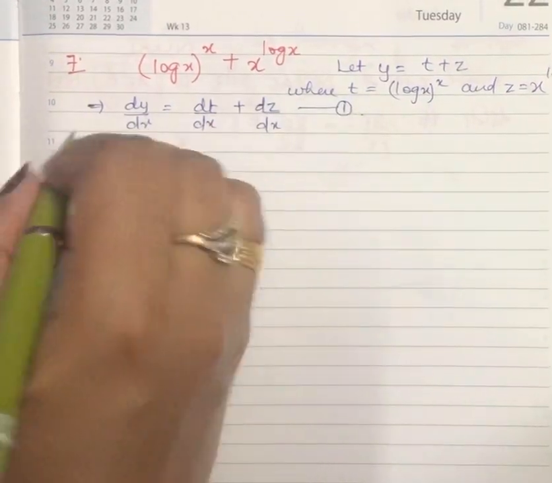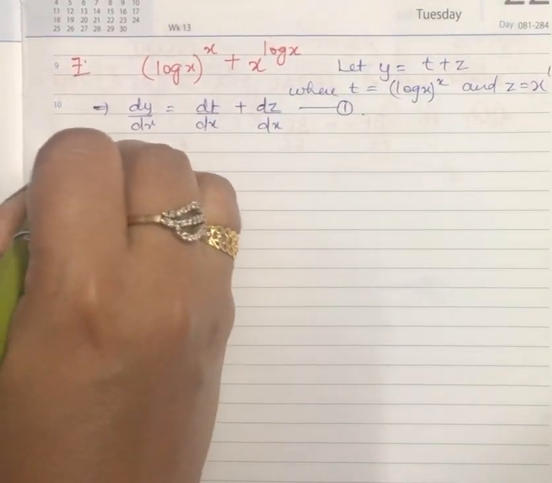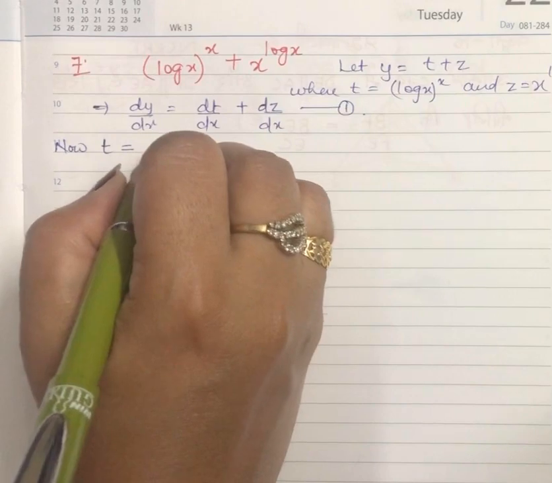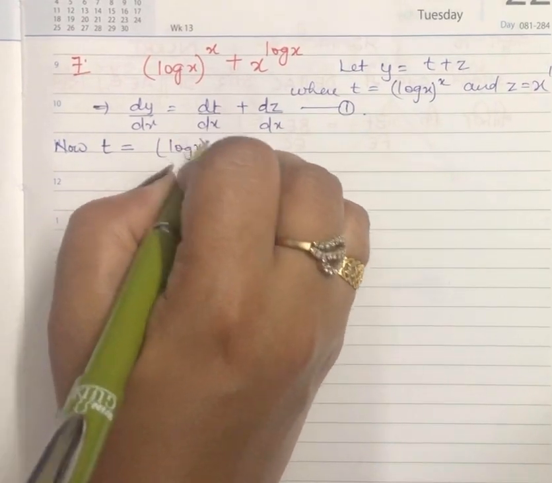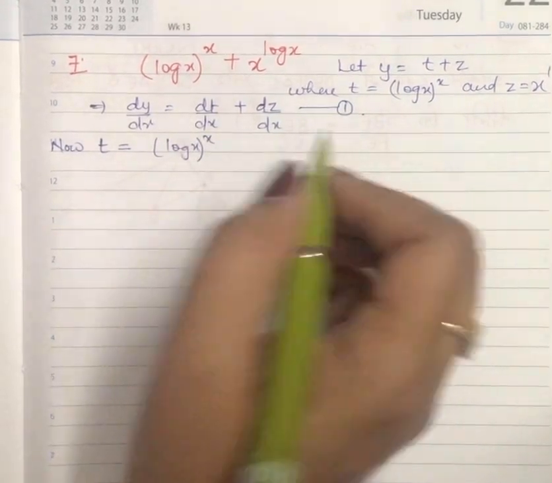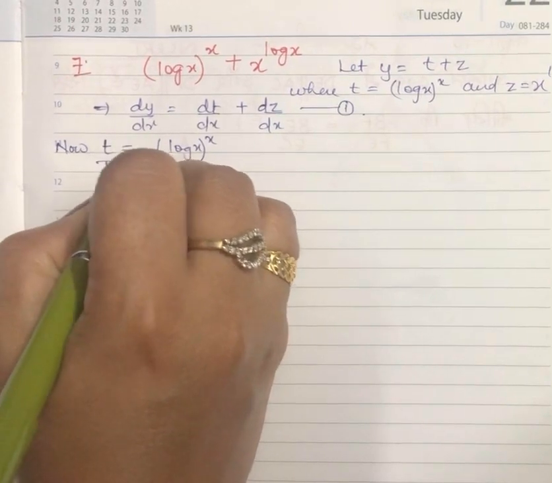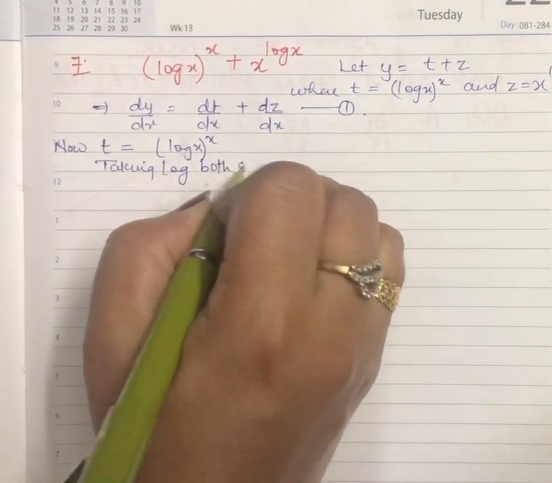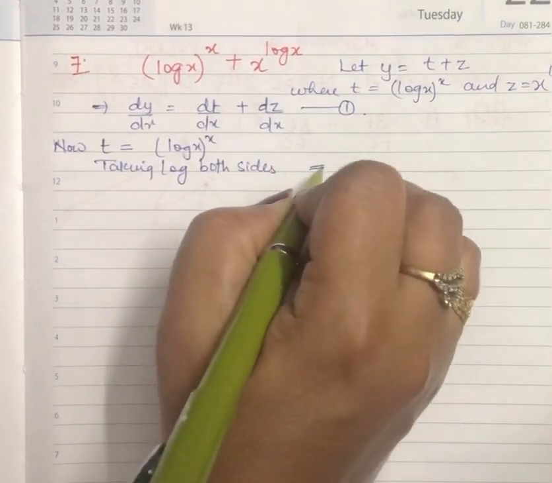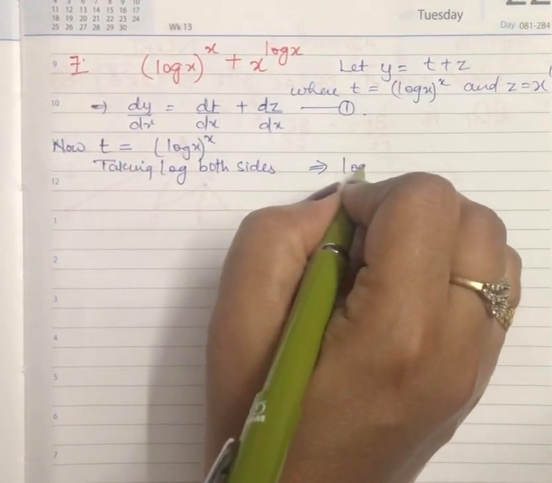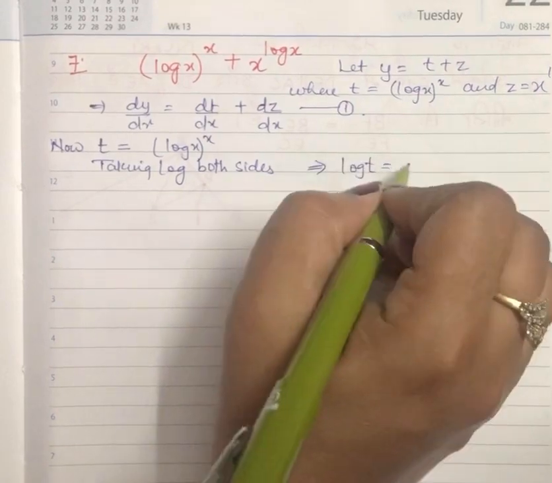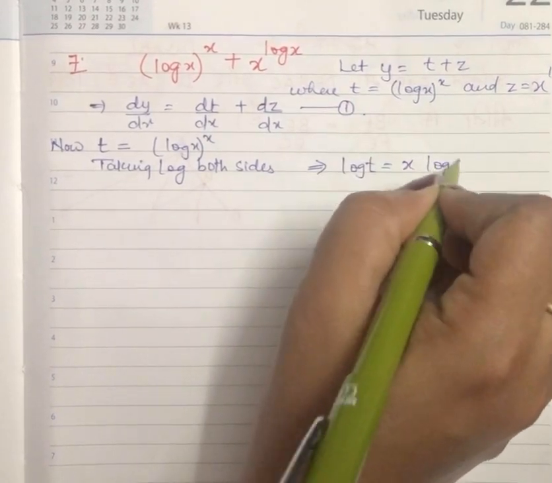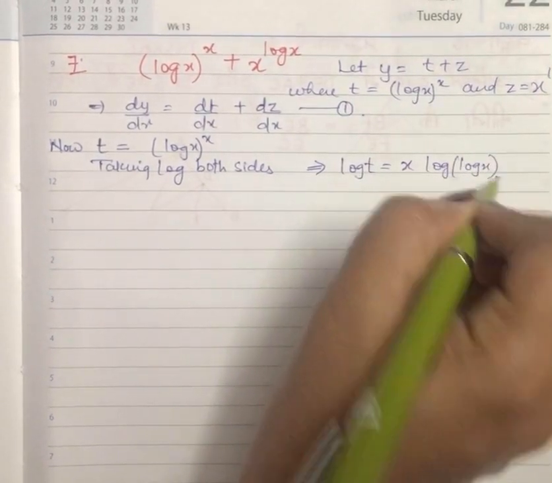Now we differentiate t. So for that we will apply again logarithmic differentiation, taking log both sides. What we get? Log t is equal to, x comes forward, log of log x.